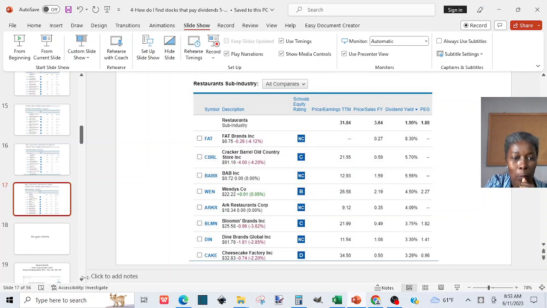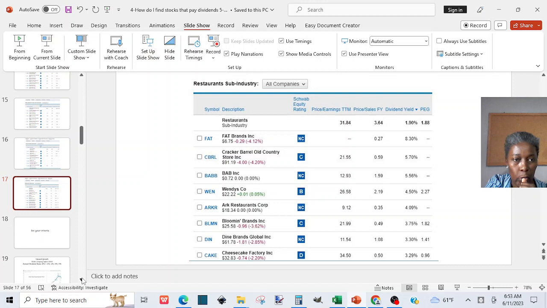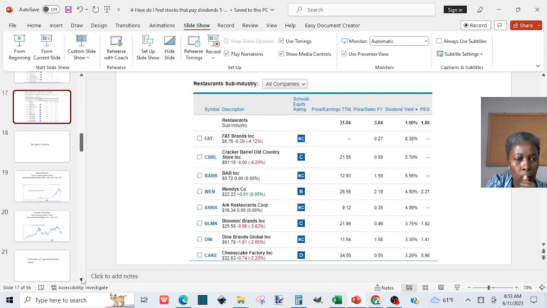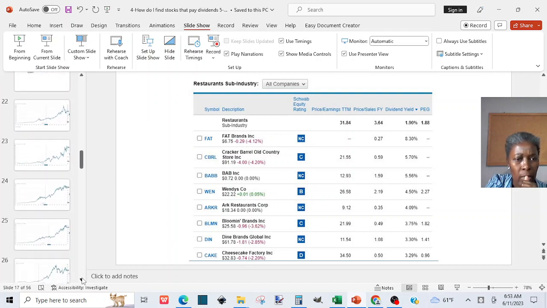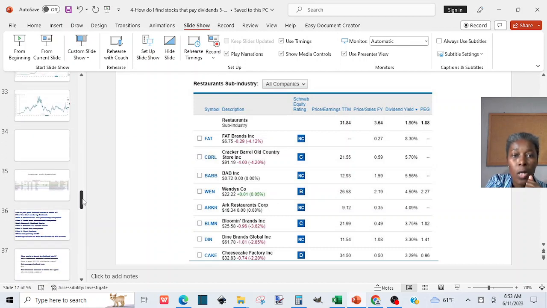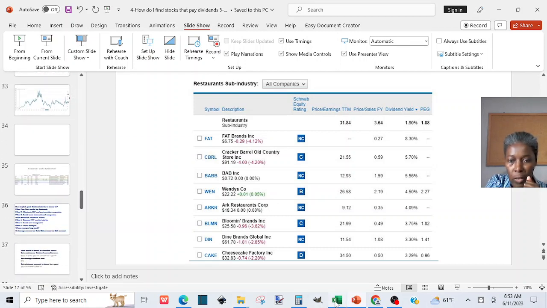So now we are going to move to the next filter. Let's check our criteria here. Let's go to our spreadsheet first.